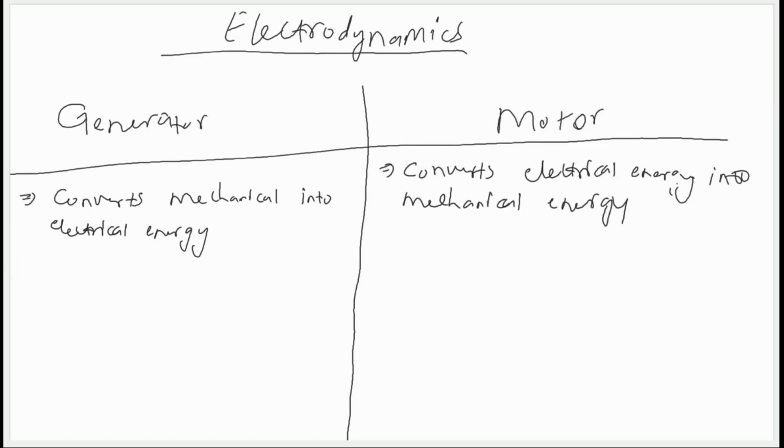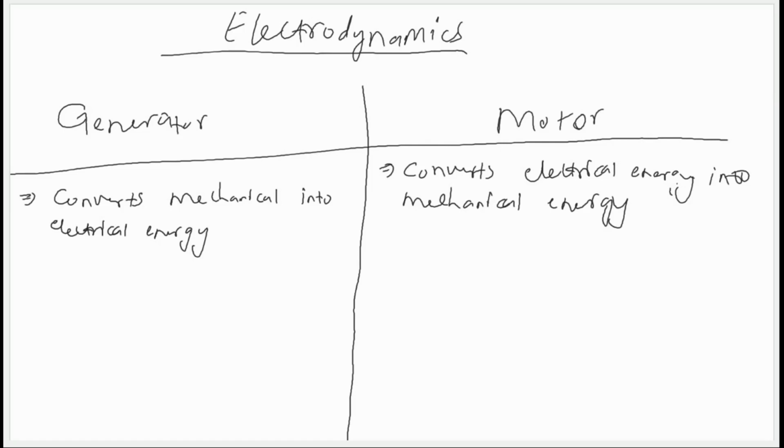So if I can give you an example of something like a hair dryer, you will see that there's a little fan at the back. That is a motor which is turning there. So when you're using your hair dryer, you're turning that electrical energy into mechanical energy. So that is one of the examples of a motor.